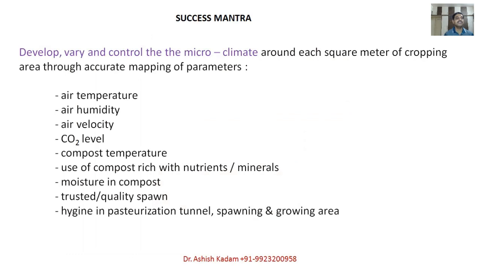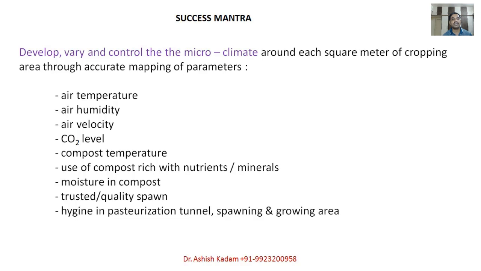So the success mantra is to develop, vary and control the microclimate around each square meter of cropping area through accurate mapping of parameters. Accurate mapping is very important. If you visit the farms in foreign countries, you will see many sensors on the entire bed.